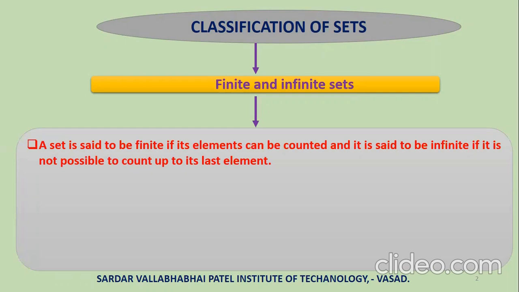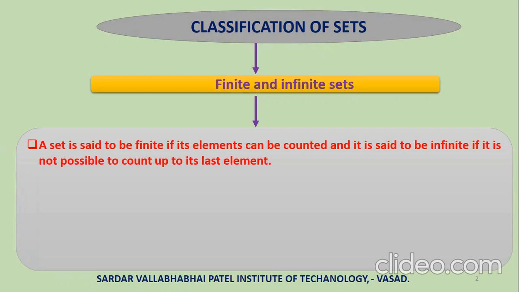Another example: students in a college, students in a city, students in a country, people in the world, all of these can be counted. So a finite set means its elements can be counted, and if the elements cannot be counted, that means we don't know what the last element is.